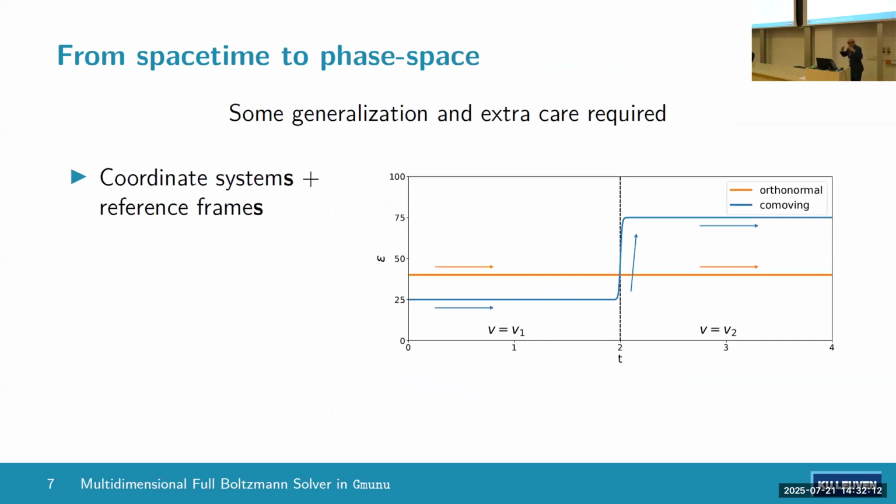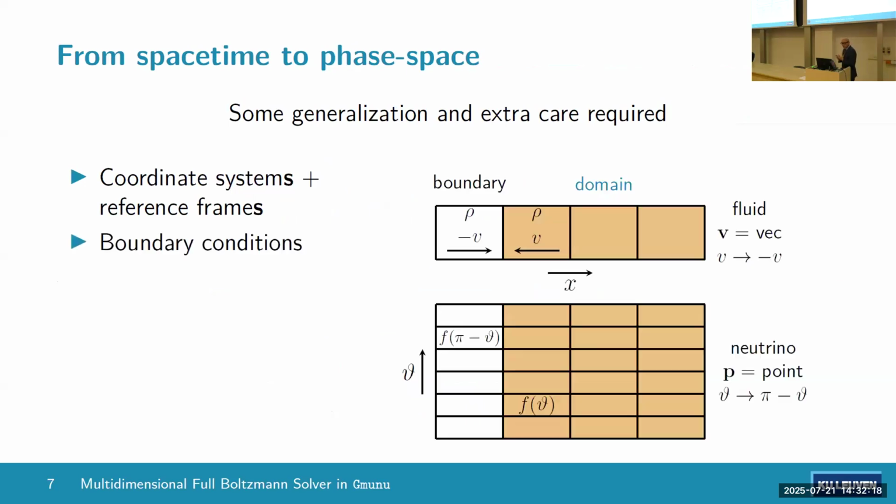So, some of the extra care that is required: I've talked about the coordinate system and the reference frames. Another thing that is a little bit tricky, especially when you're doing this in the co-moving frame, is things like boundary conditions. For the fluid, at a boundary condition, the velocity is simply a vector, and you can just flip the vector.